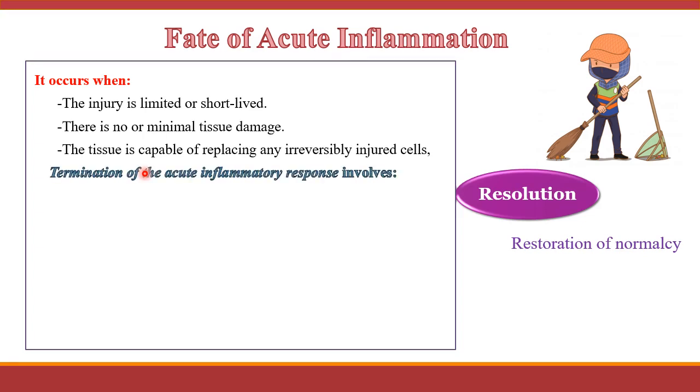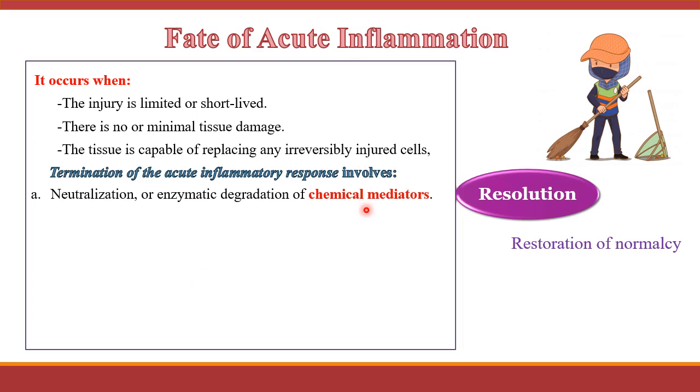How will the acute inflammatory response be terminated completely? To do that, we need to get rid of all the components or the effects that happened because of the acute inflammation. So first, we need to get rid of the chemical mediators, because the mediators were the main stimuli or signals that started all of this hassle of the acute inflammation.